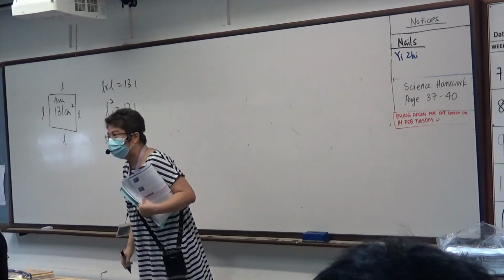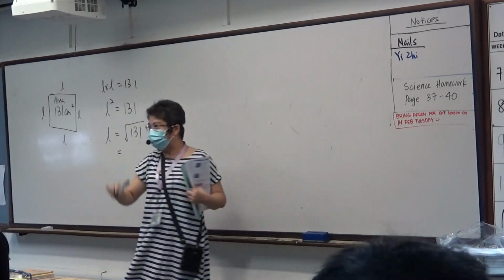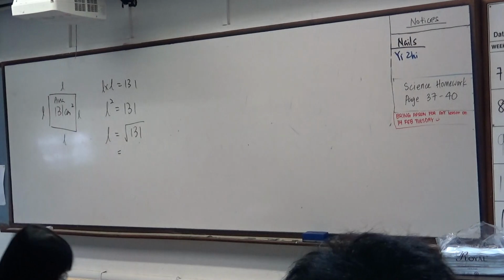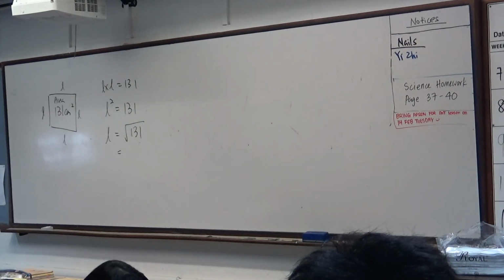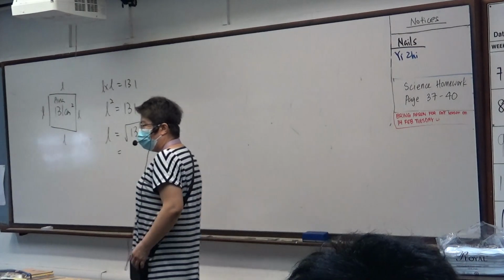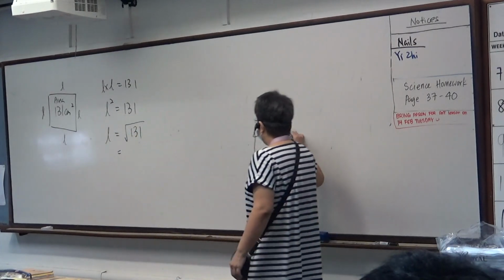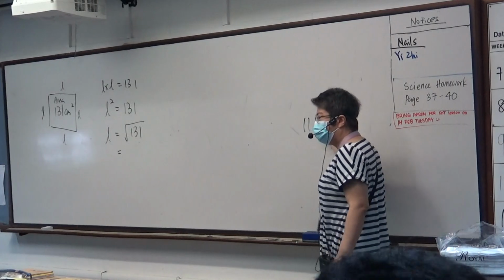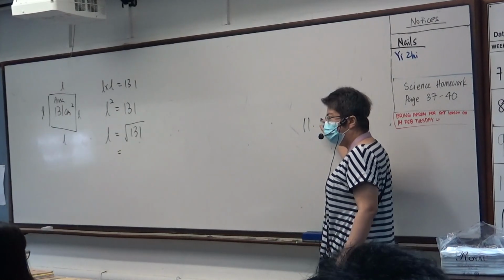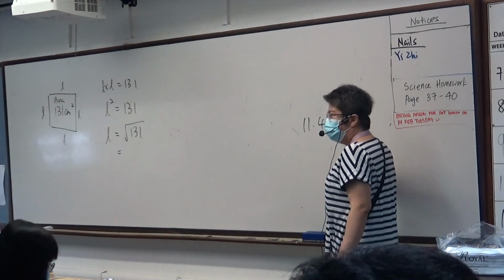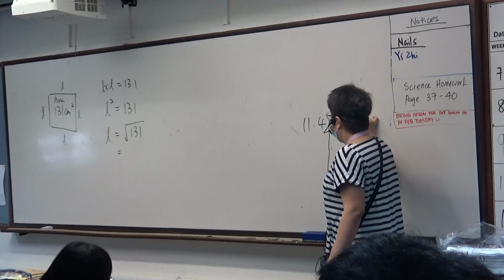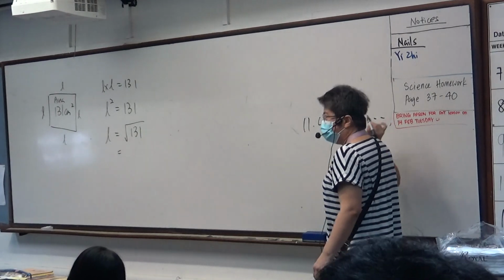And what is it? How do you key in the square root of 131 now? Tell me the answer on the calculator. 11 point... I want the whole thing. 4, 5, 1, 2, right?